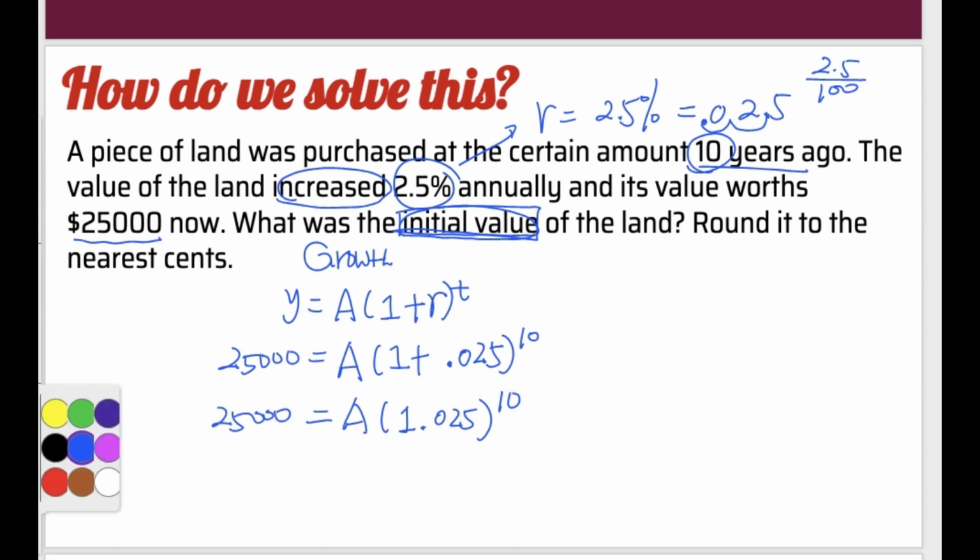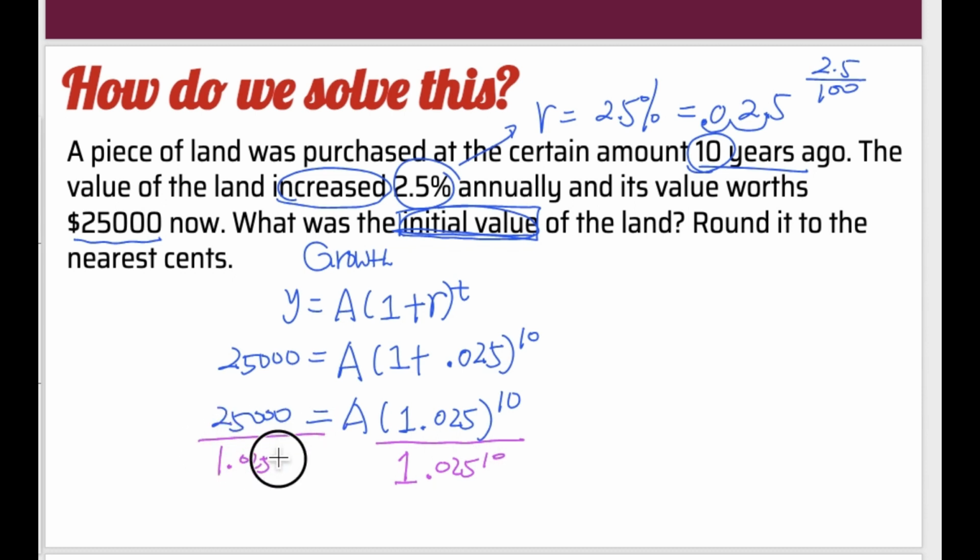Since a multiplies the whole thing, in order to solve for a we just need to divide both sides by this, and now we can find a. One thing to remind you: in this situation, you don't need to figure out the value of 1.025 to the 10 power.